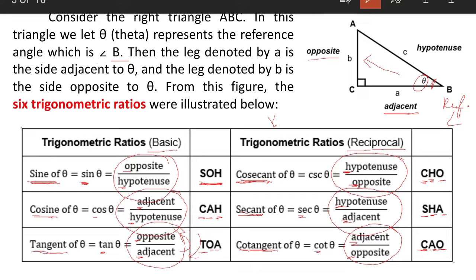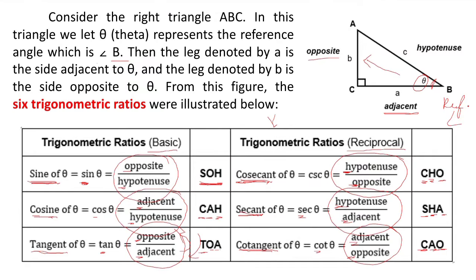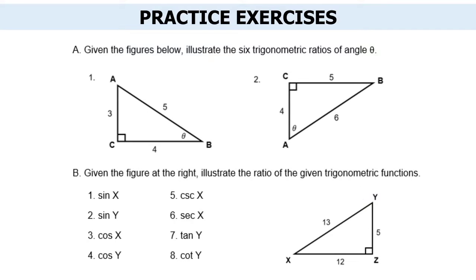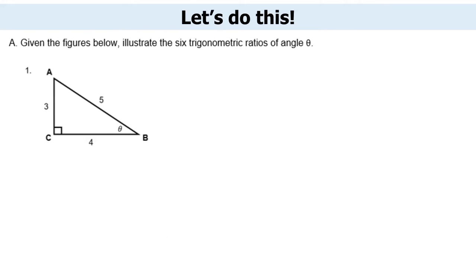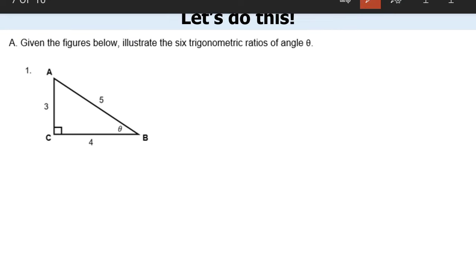So let us now proceed to understand it better. So we have here practice exercises. We have A and B. So let's start first with the number 1 of A. Given the figure below, you have to illustrate the 6 trigonometric ratios. The first thing that you will do is write the 6 trigonometric ratios.